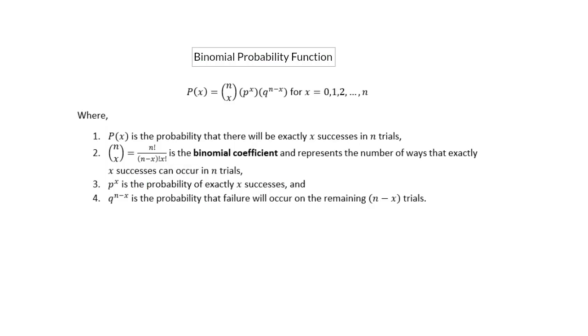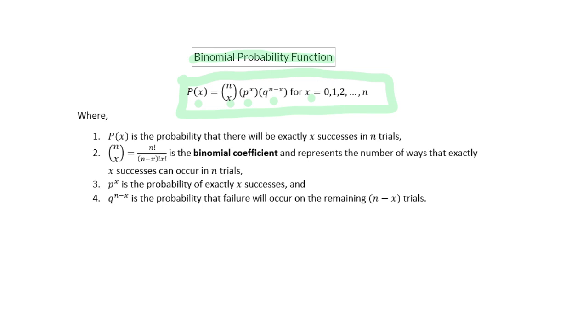Now that we know a little bit about the binomial probability distribution, we are ready to look at the binomial probability function. More precisely, this beautiful formula here. We have P of x equals the binomial coefficient times P to the power of x times Q to the power of n minus x, for a value of x from 0 to n.